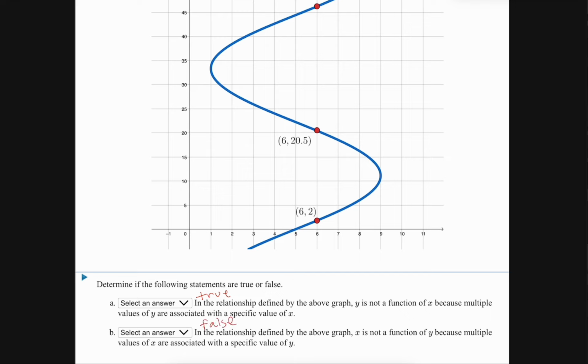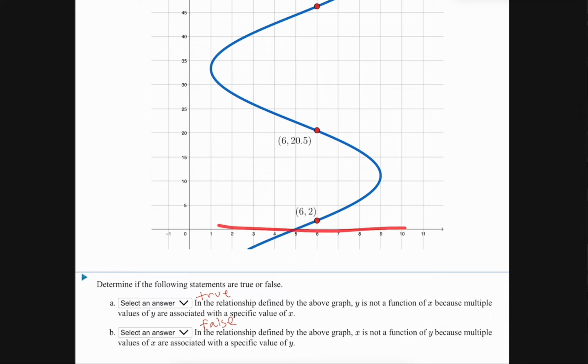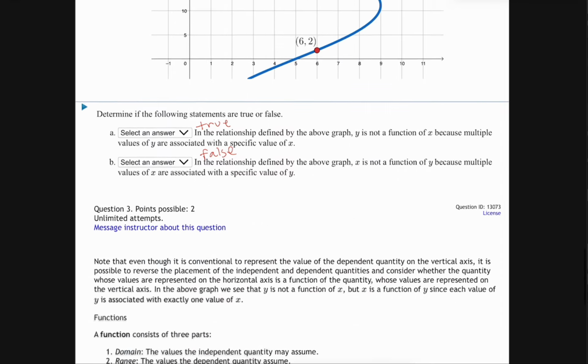There's something called a vertical line test if you're checking for a function being a function of x, and that just says vertical lines can only hit the function once. Well, if you do horizontal lines, you're checking to see if it's a function of y, and this one is a function of y, so that's why that one's false.